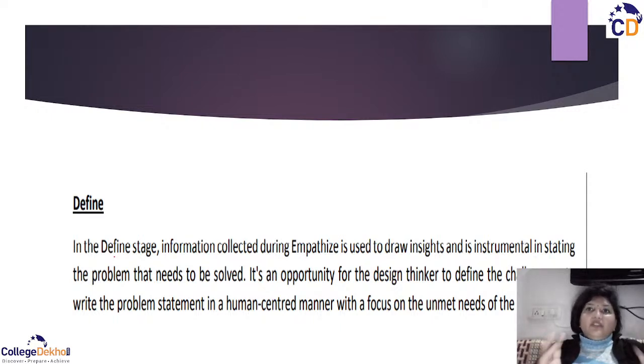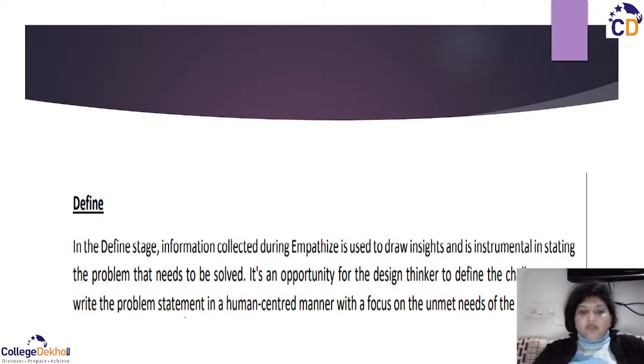Now you can define the problem. The information collected during empathize is used to draw insights and is instrumental in stating the problem that needs to be solved. It's an opportunity for the design thinker to define the challenge, or to write a problem statement in a human-centered manner with a focus on the unmet needs of the user.